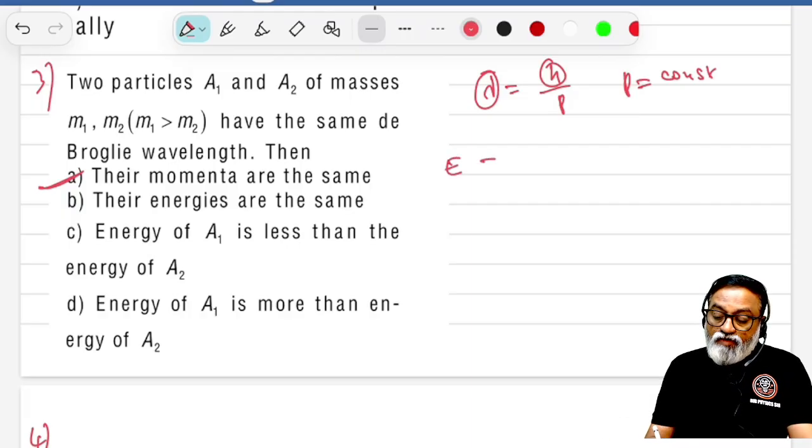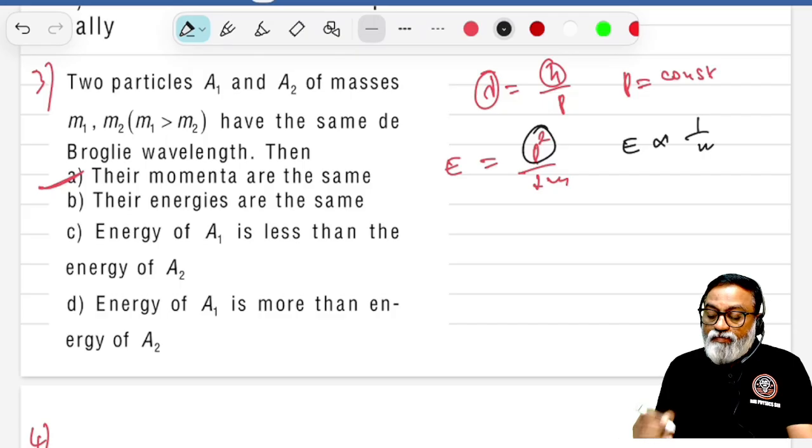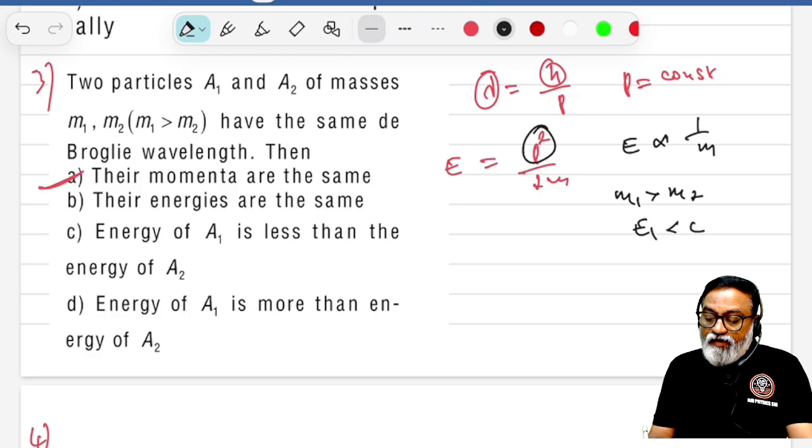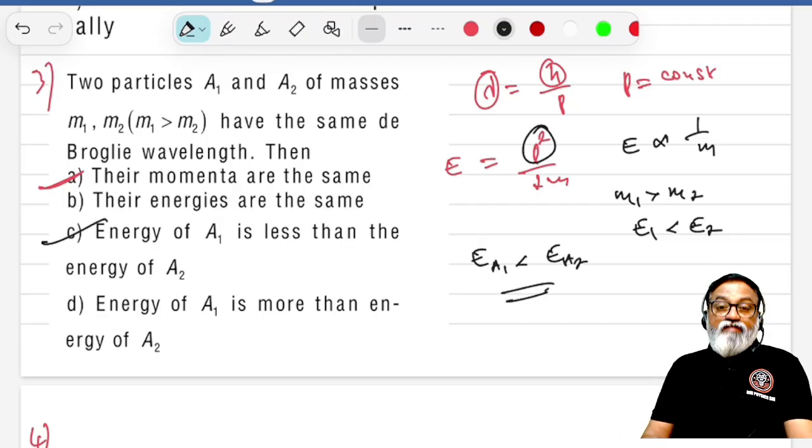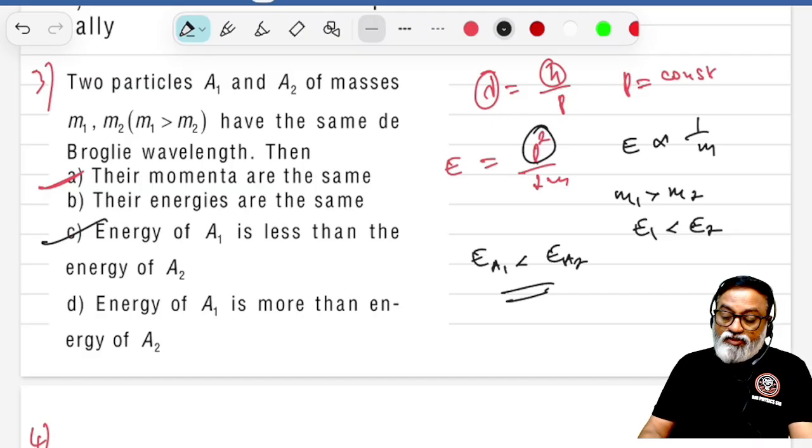So here energy is equal to p square by 2m. Therefore, momentum constant, so energy is proportional to 1 by m, or inversely proportional to mass. As m1 is greater than m2, therefore E1 is less than E2. Therefore, the energy of A1 is less than the energy of A2.